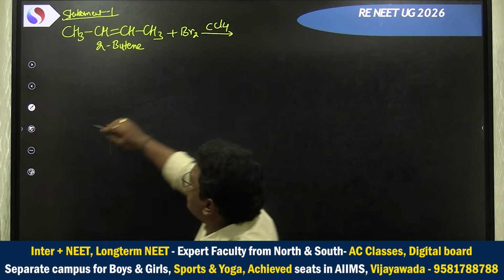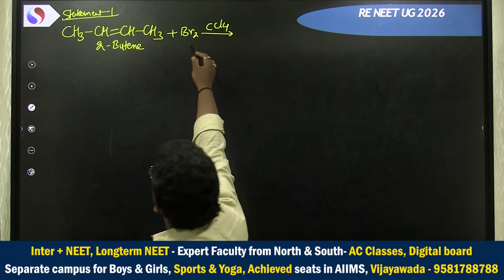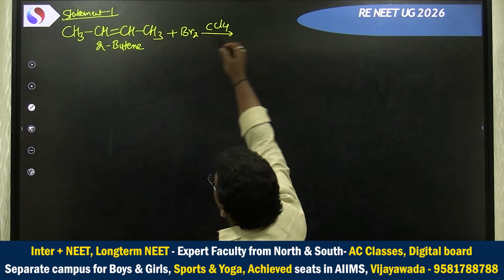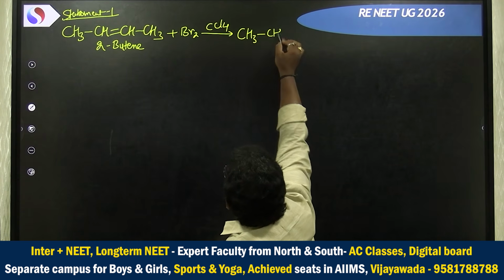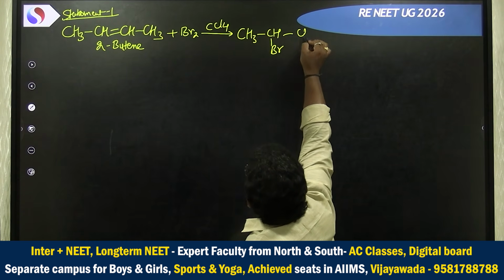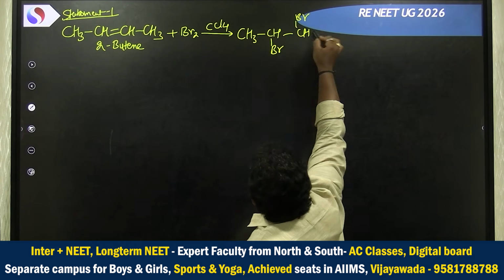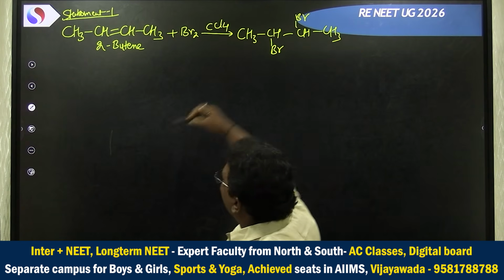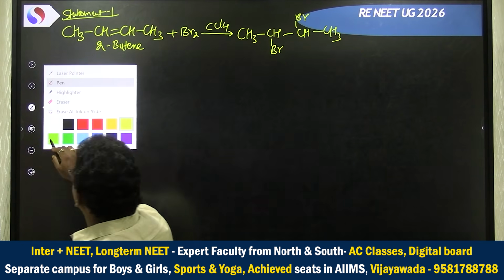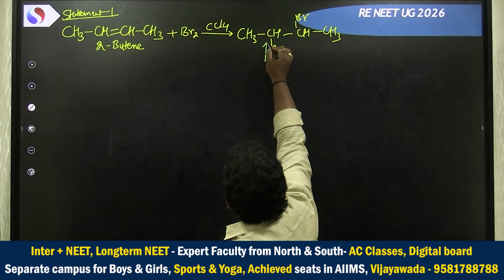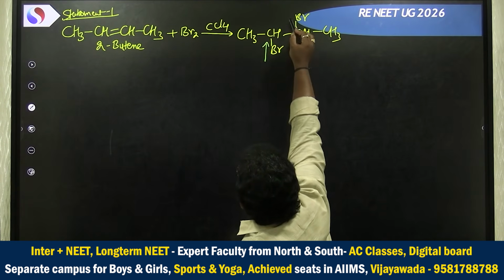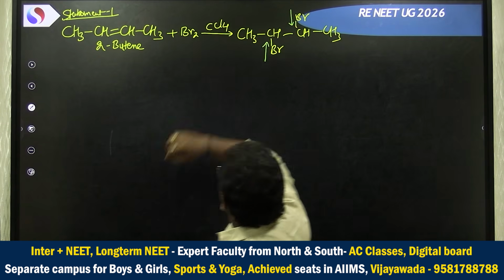In this case, the dibromine breaks this double bond and adds one bromine on one side and the other bromine on the other side. Why am I adding one above and another below? This clearly indicates that we add one from the downward side and the other bromine from the upward side.